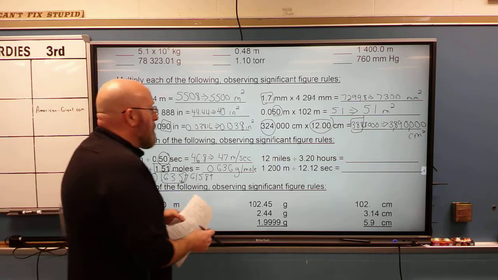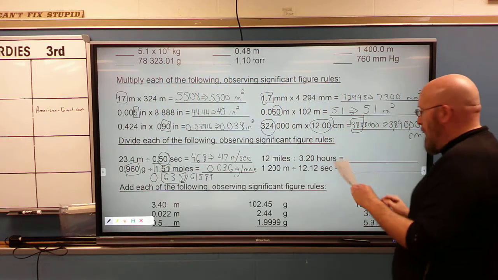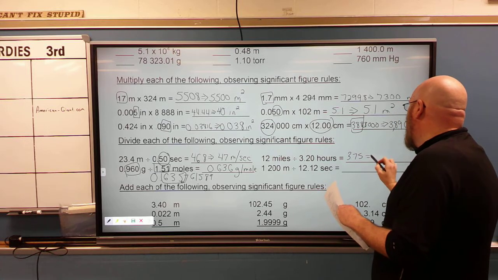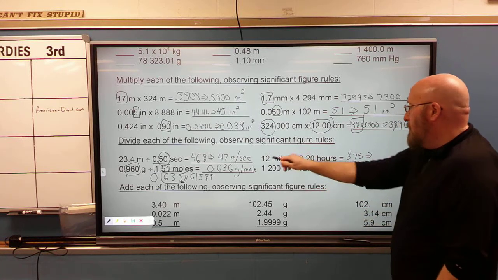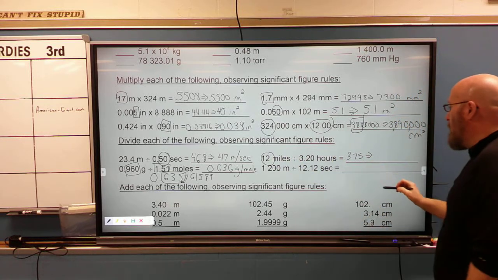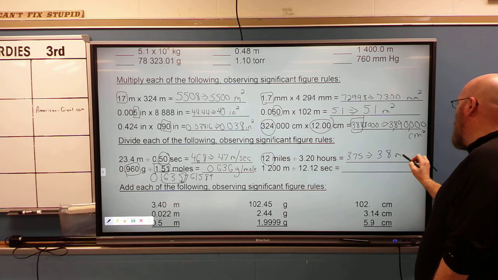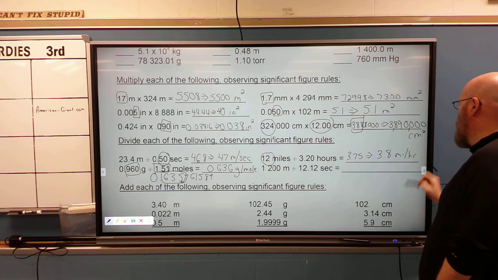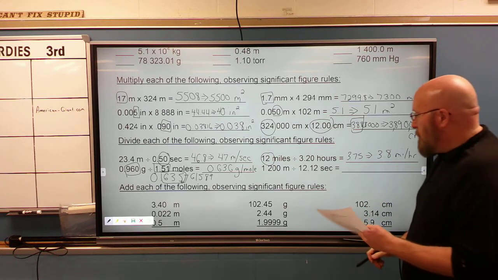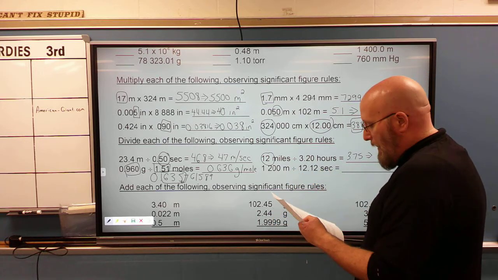All right? 12 miles divided by 3.2 hours. That should give you 3.75. Again, fewest sig figs, 2 versus 3, right? So 2. So instead of 3.75, we're going to have 3.8 miles per hour. Again, pretty easy. And then the last one, 1,200 meters divided by 12.12 seconds.